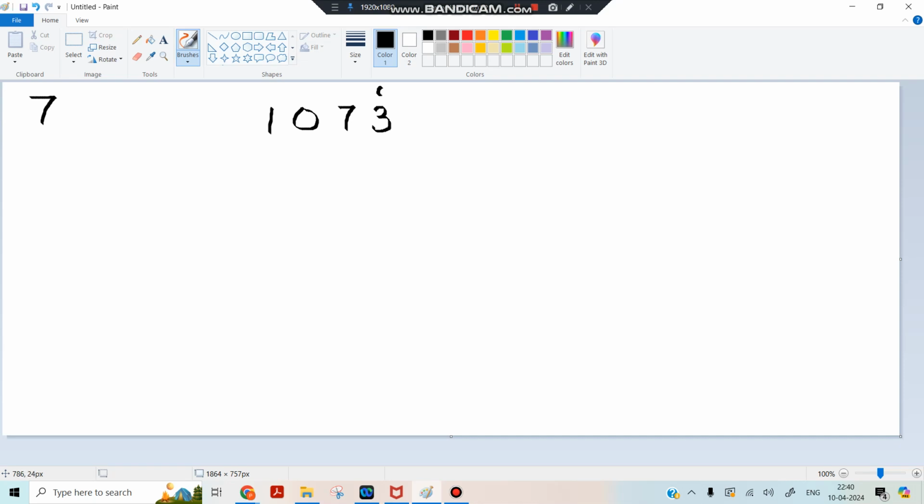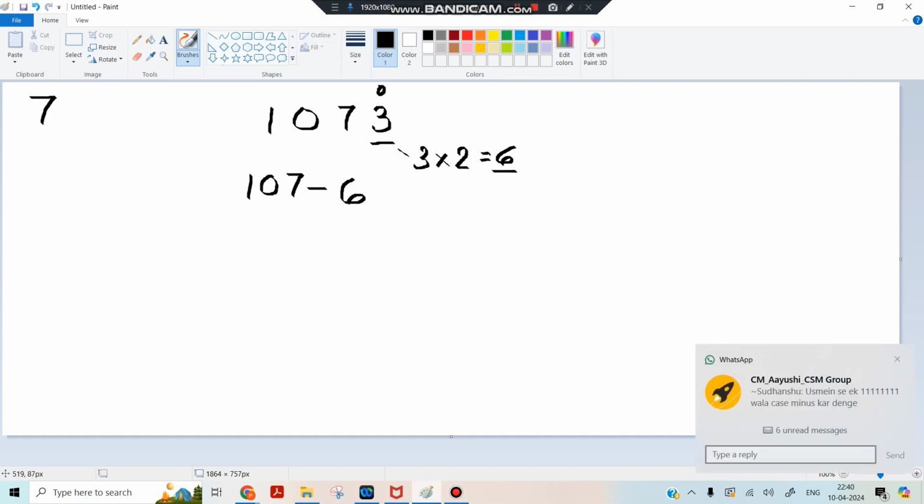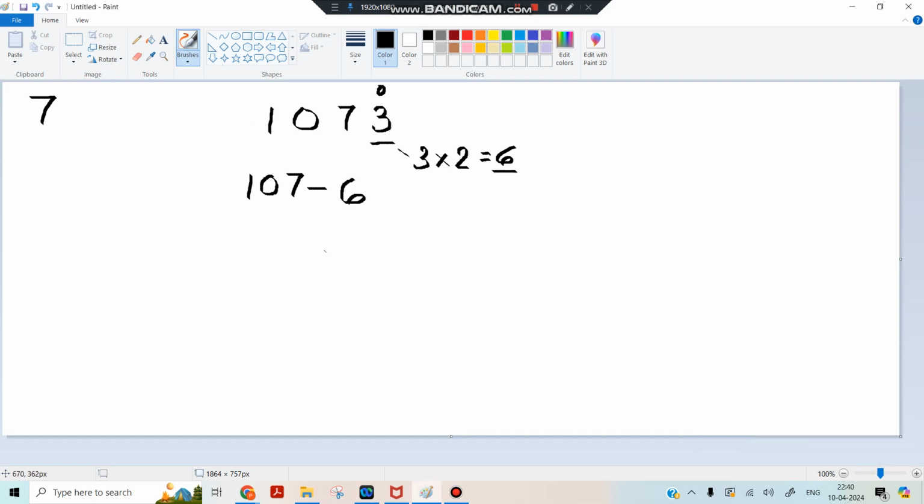The digit in the ones house, that is 3, we first separate it out. So my one number is 107 and the other number is 3. This 3 I multiply by 2, which gives me 6. Now this 6 I will subtract from the number formed from the remaining digits.